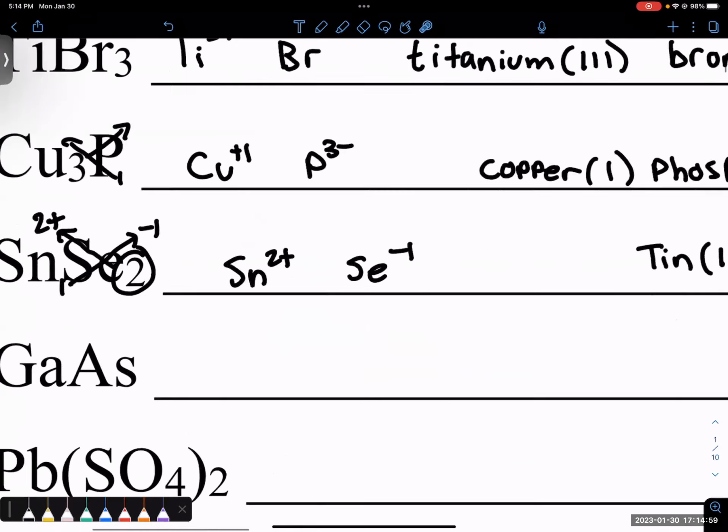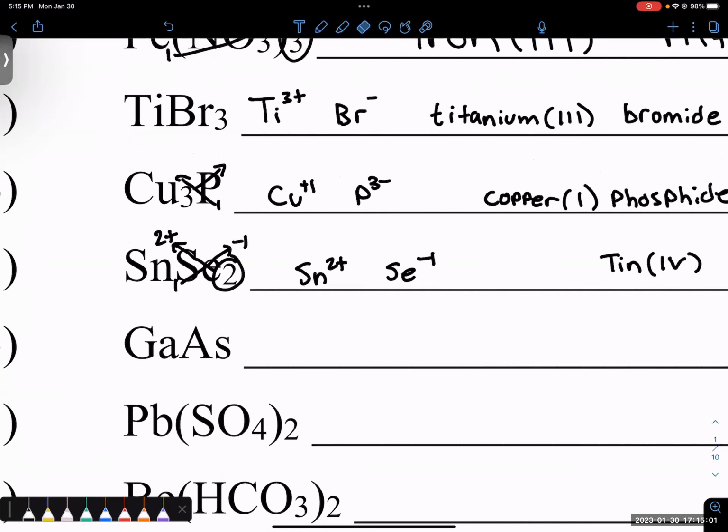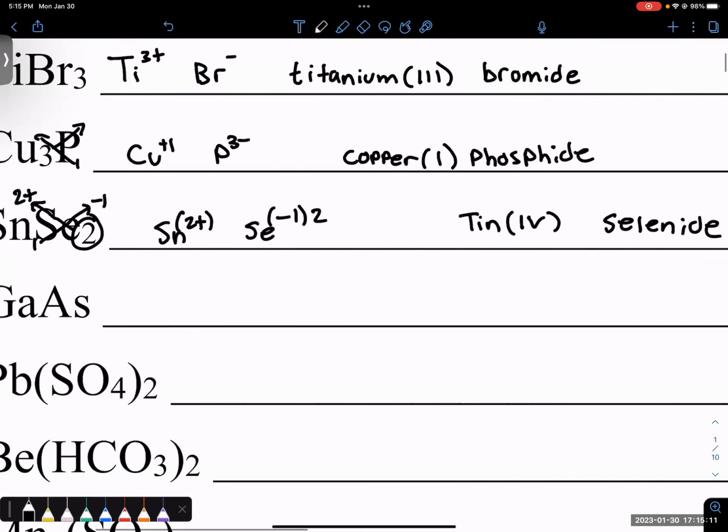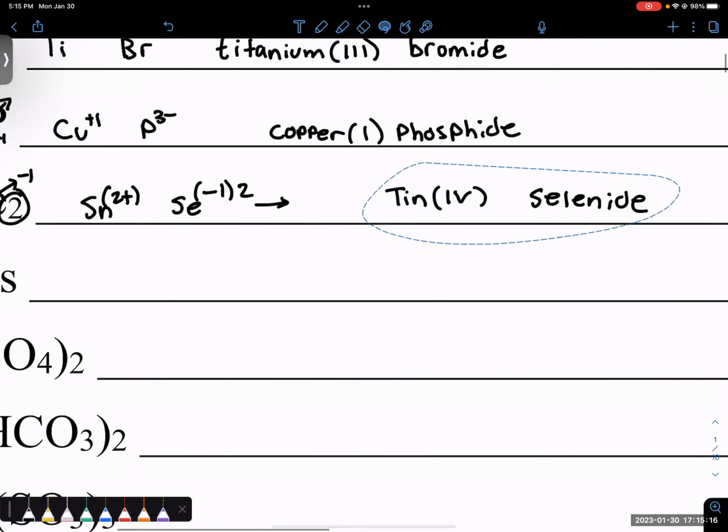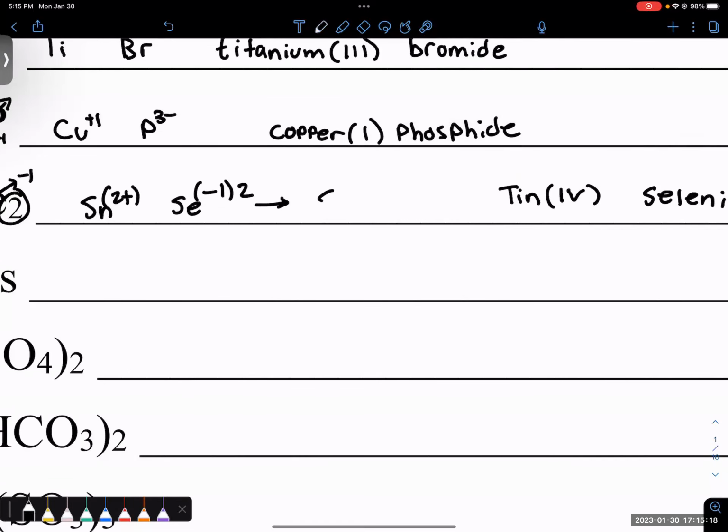But as we see here, the charge of selenium is not -2, it's -1, which means that to get it to -2, you need to multiply the charges by 2. So this actually tells us that we have tin with the 4 plus because we multiplied 2 times 2, and then selenium with our 2 minus charge, which is what it should be, right?